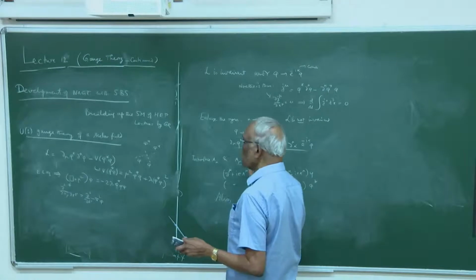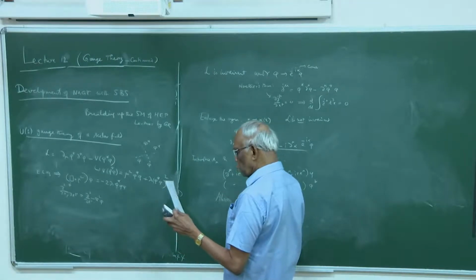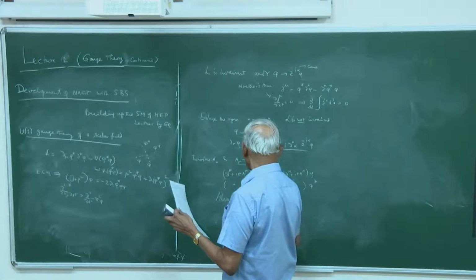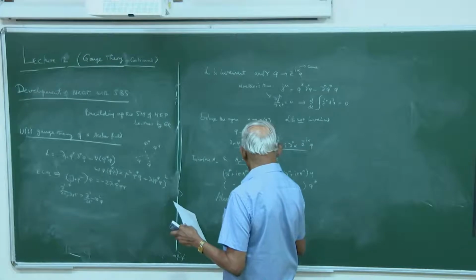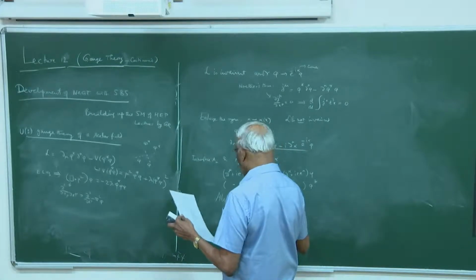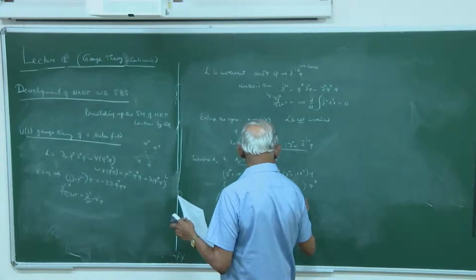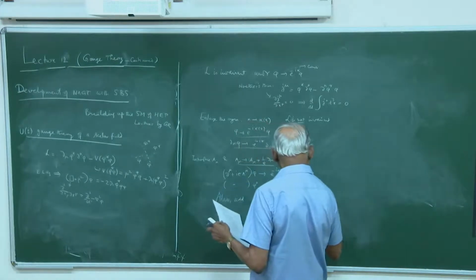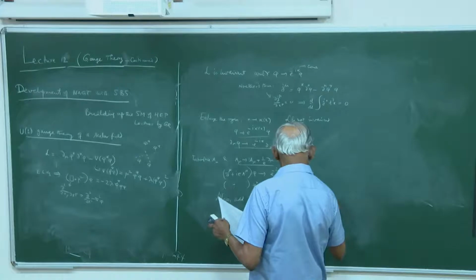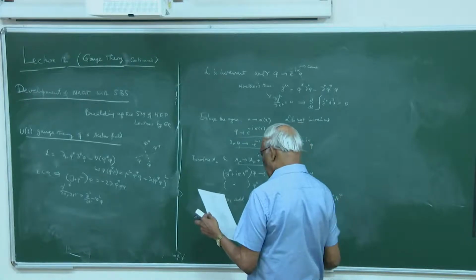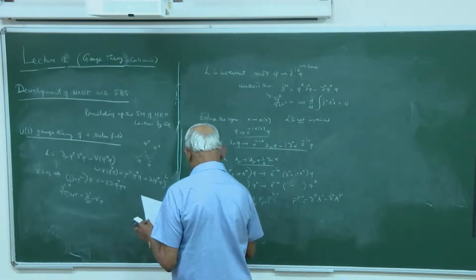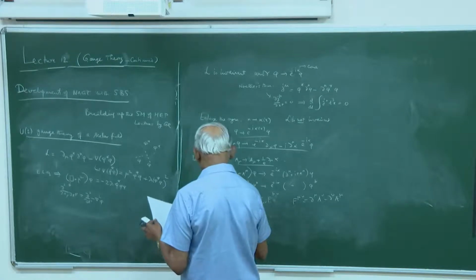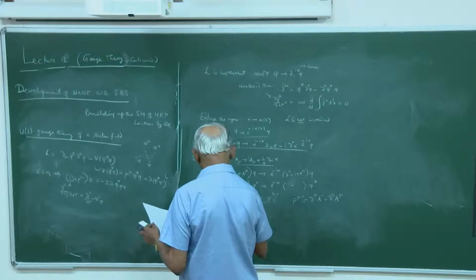For once you introduce the field A mu, the dynamics of A mu will be described by this term, where F mu nu is same as before, d mu A nu minus d nu A mu. In that case, the Lagrangian will be invariant. This we already know in the case of psi. We called it psi at that time, now it is phi, but the principle is the same.